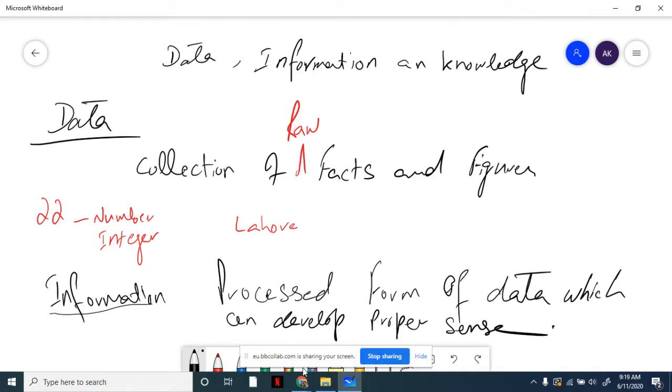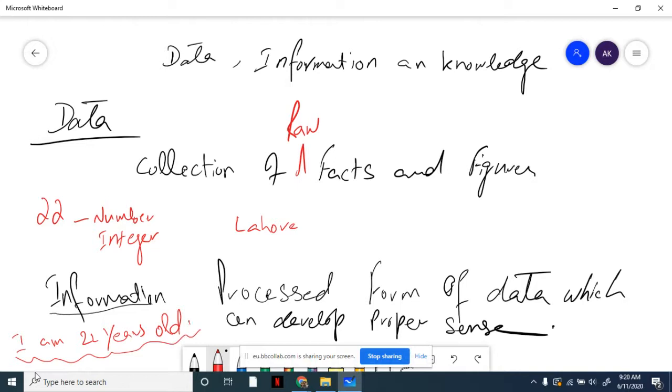Like I have an example Lahore up there, and if I talk about 22 down there, तो मैं क्या करूँगा? Information की what example we can give? We can give an information example like this. Now it's a complete information.